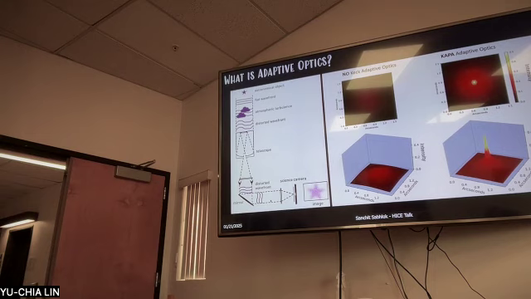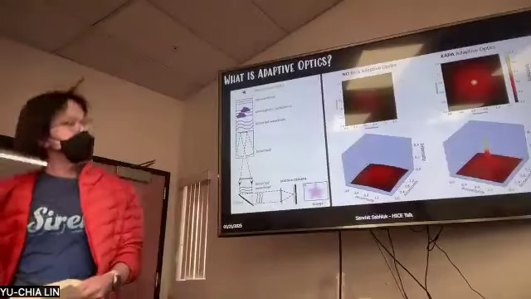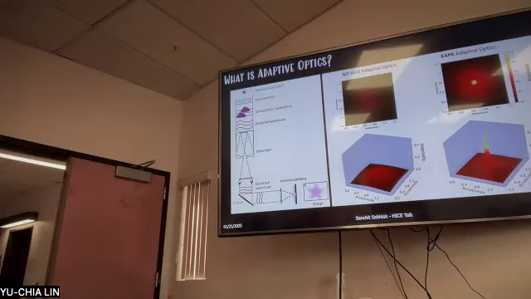But what an AO system allows you to do is focus your Gaussian into a really sharp image. The reason why I like this particular image is because what I'm going to talk about is that we're trying to reconstruct the PSF from first principles without using the science image. So what I'm trying to do is basically predict what the PSF looks like on this image without using that image itself.